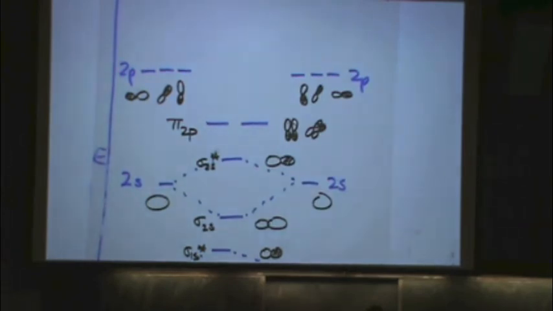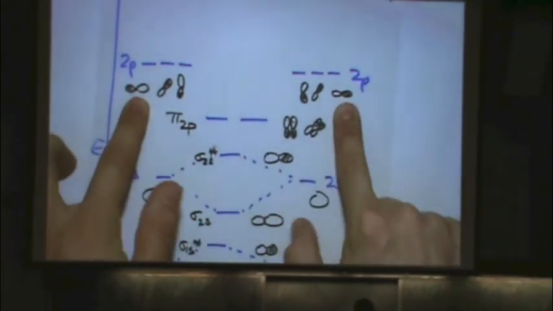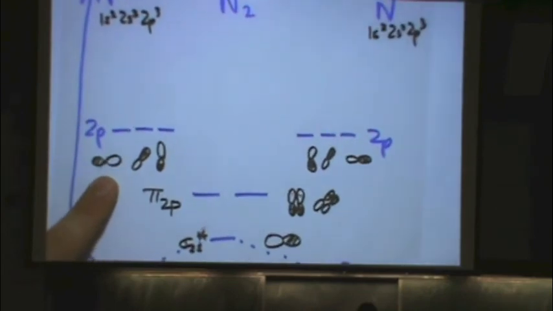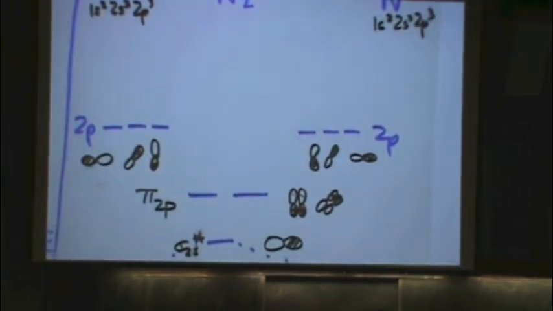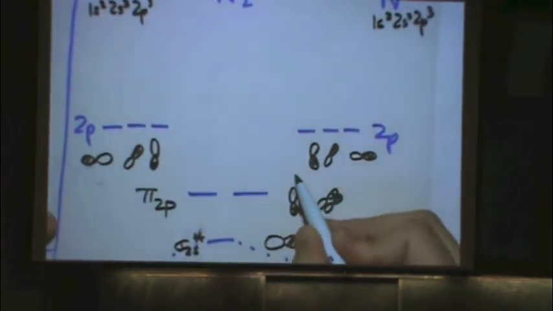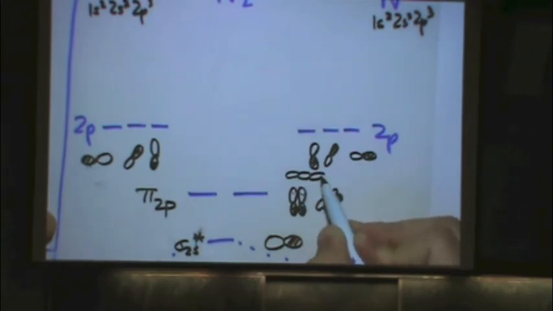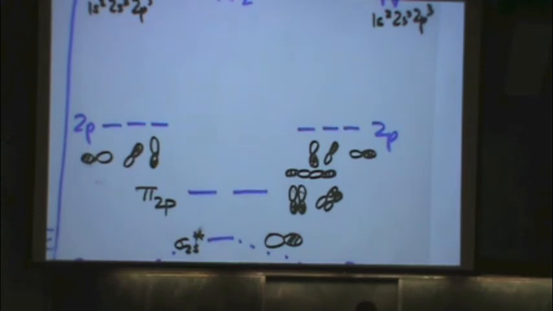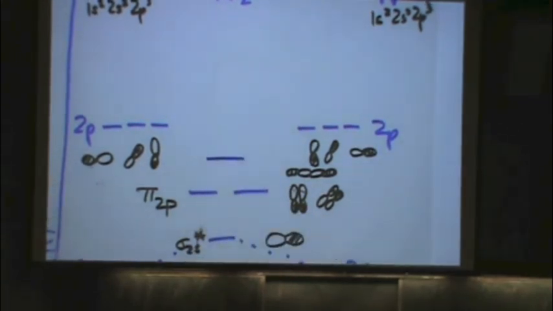There's actually one more bonding interaction. If you take these two right here, where my fingers are, those two will come together in bonding. Zoom in a little bit. And that would look like this. When those two come together. It's the only one like it. There's no other. Now we've got, since there was 3 from each side, those are the 3 bonding interactions.